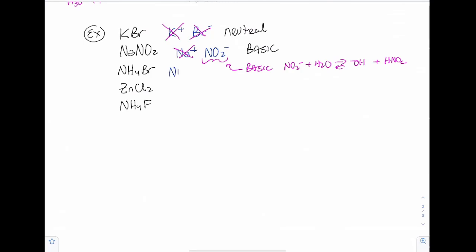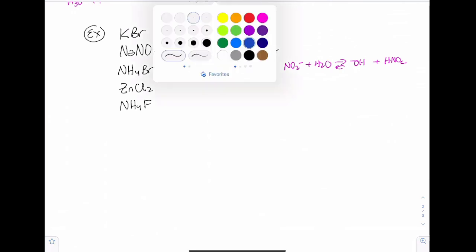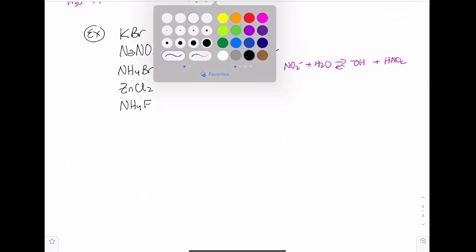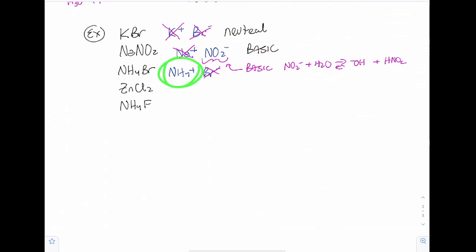Ammonium bromide, NH4 plus, Br minus. Again, bromide ions, those come from HBr, which is a strong acid. So those are not going to react with water. My ammonium ions, however, are acidic. It's a weak acid.